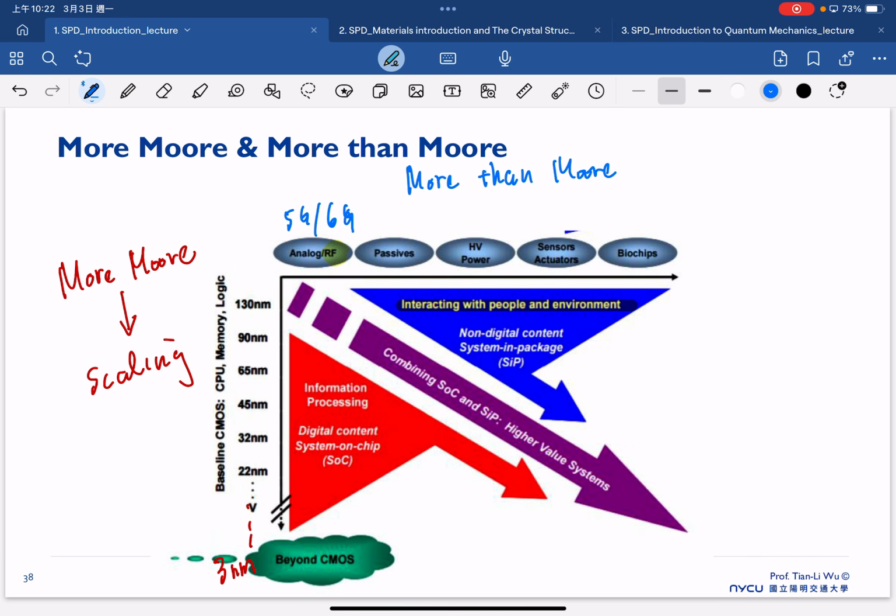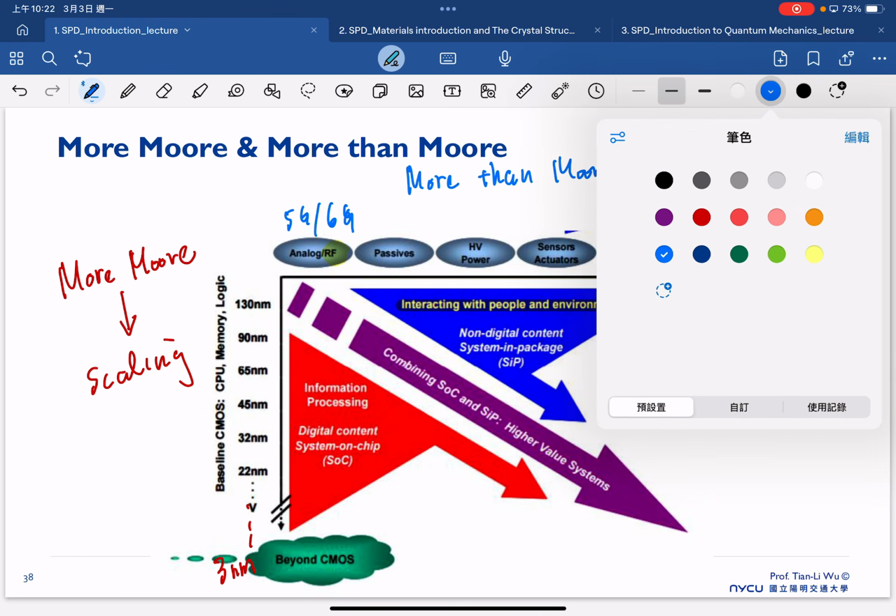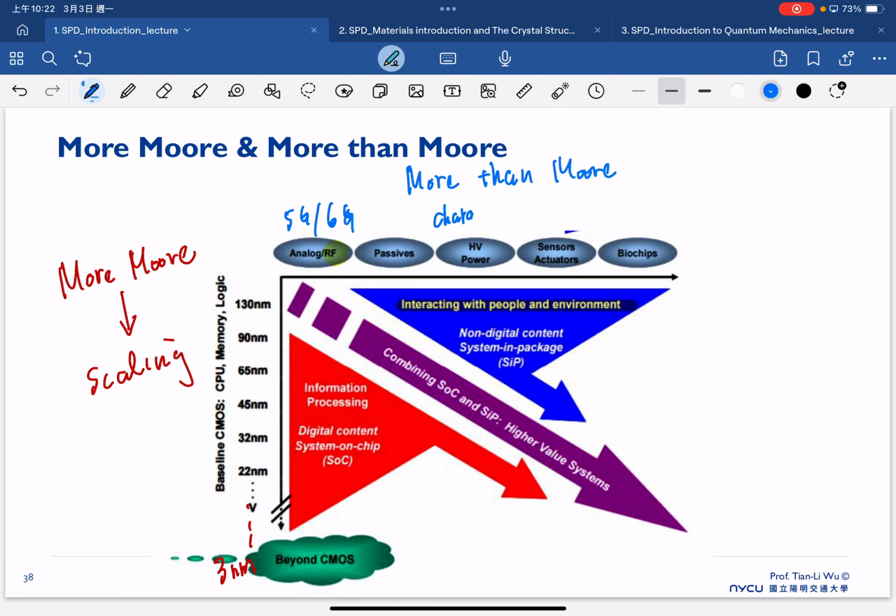And also we have the technology called power, which is nowadays very often used for chargers or even for electrical vehicles. And also we have technology for sensors, for biochips. So these can all be considered as technology that permanently interacts with people and the environment, and that's what we call More than Moore.